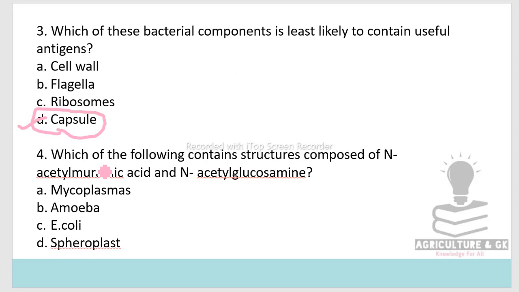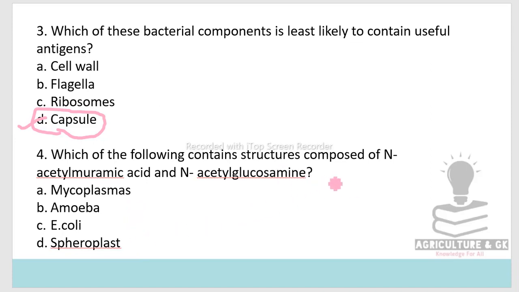Now moving next, which of the following contains structures composed of N-acetyl muramic acid and N-acetyl glucosamine? Mycoplasmas, amoeba, E. coli, spheroplast. So which one of these contains these structures?